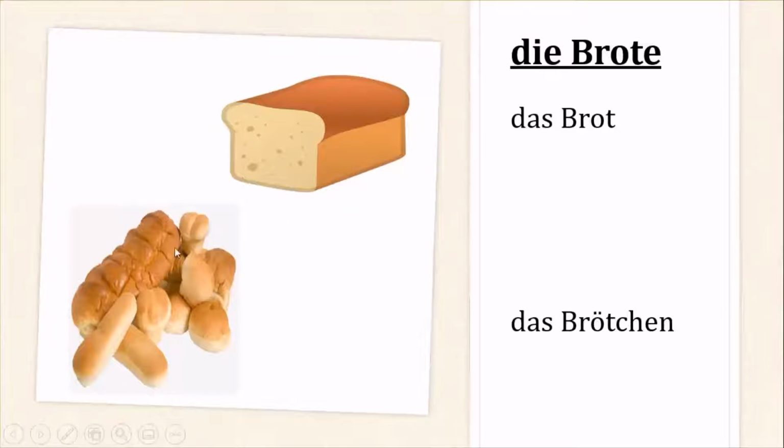Some buns, whether they are round ones or long ones, all these types of buns are das Brötchen, singular, plural die Brötchen. So the same word can be used in the plural form.